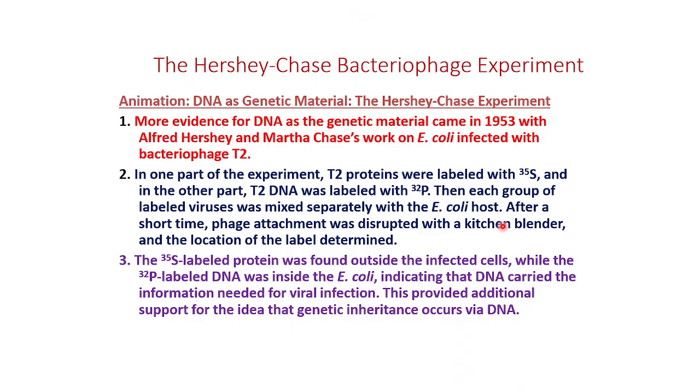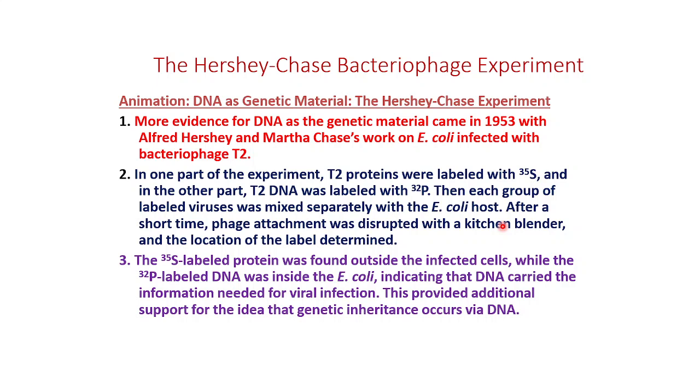So what does the genetic material contain? The genetic material contains a phosphate group, because DNA has a phosphate group, and that phosphate group is 32P labeled, and because of that the DNA that was found inside the E.